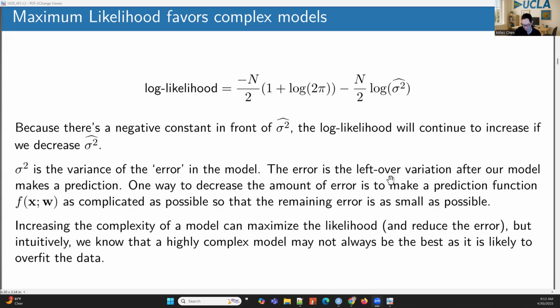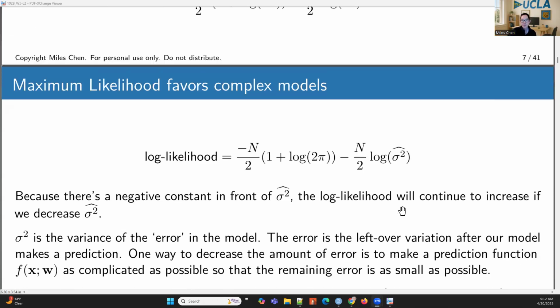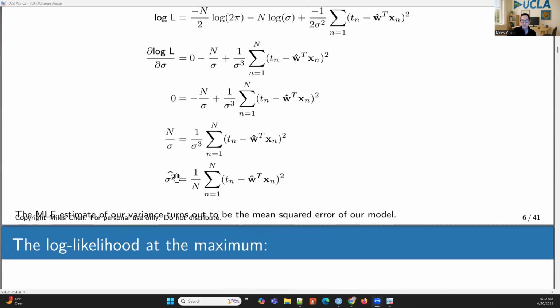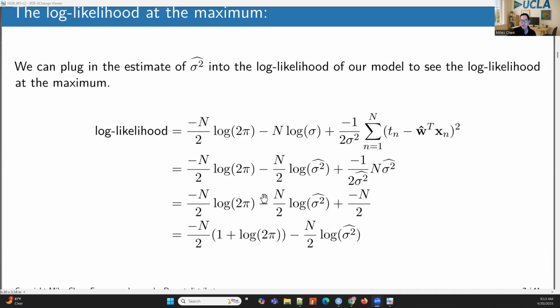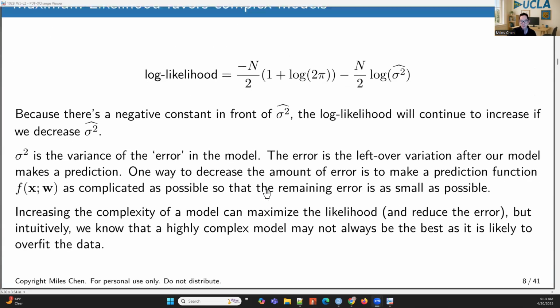Okay, if that is our only goal, to shrink the leftover error, because remember, our estimate of sigma squared is basically the mean squared error here. And so if we want to just shrink this to be as small as possible, we basically overfit the data so that our W times XN gets as close to our actual values TN as possible.